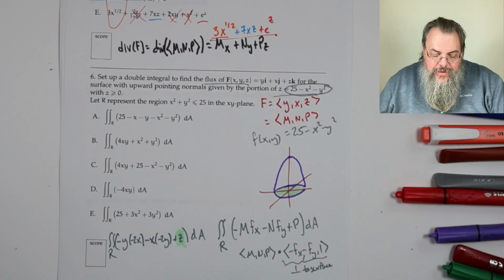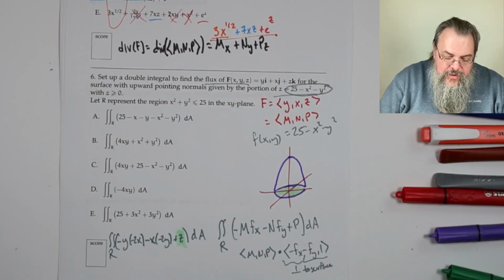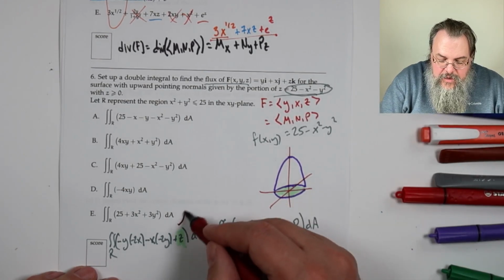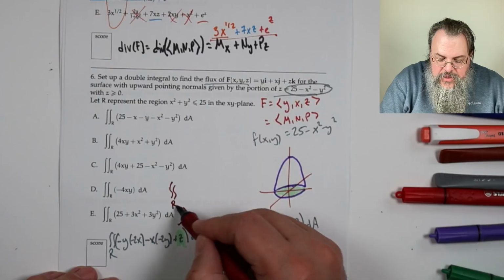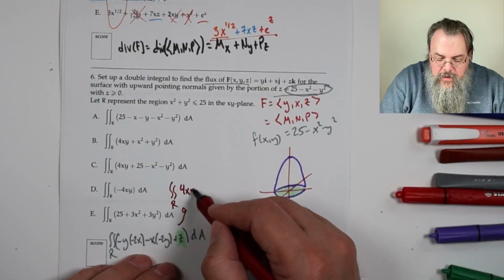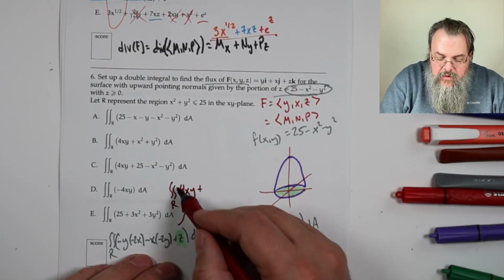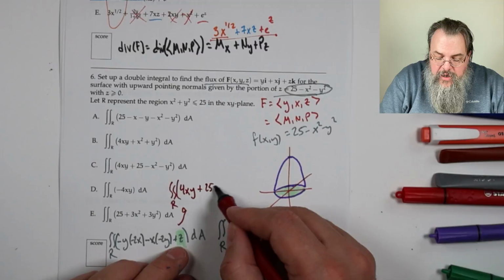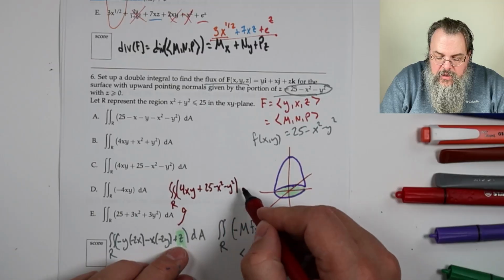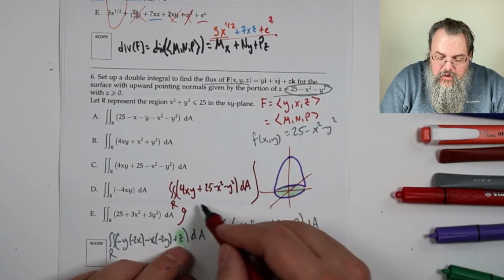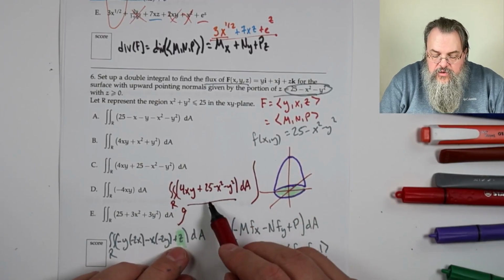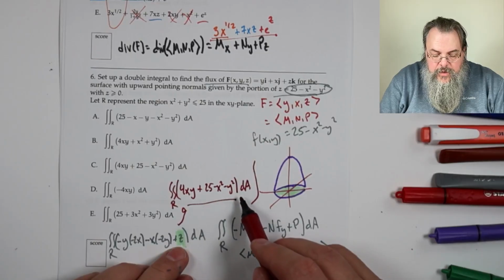So we still have these other pieces here. So there's a 2xy, and so that's going to give us integral over our region of 4xy, and then plus our z, so 25 minus x squared minus y squared. Okay, so this is what we're looking for, a 4xy plus 25 minus x squared minus y squared.